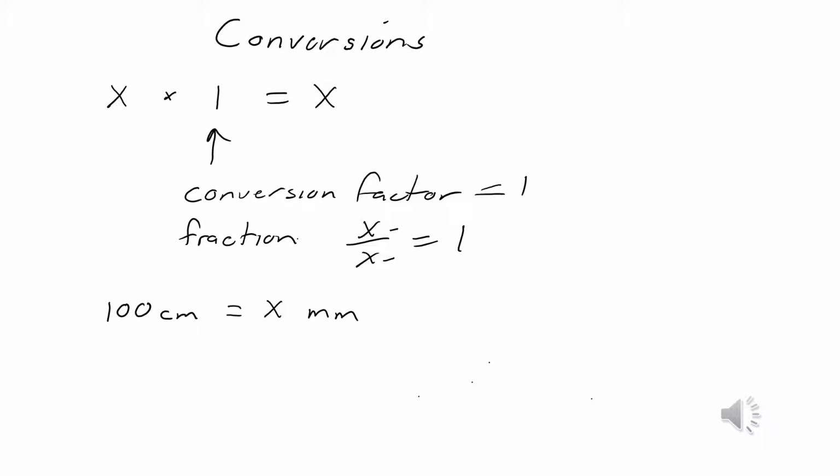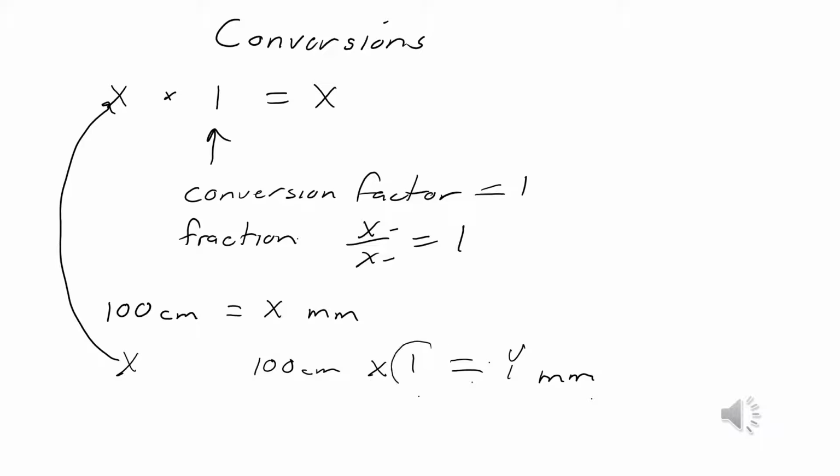So we're starting with 100 centimeters. That's our x right there, okay? We're going to take that 100 centimeters and we're going to multiply it by 1. And what we want to end up with is how many millimeters that is.